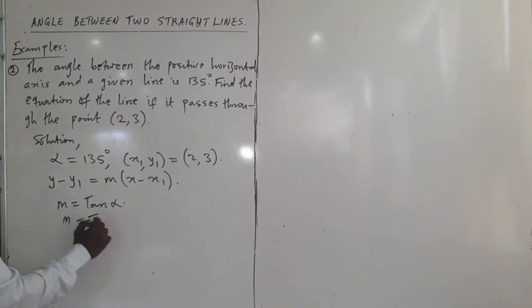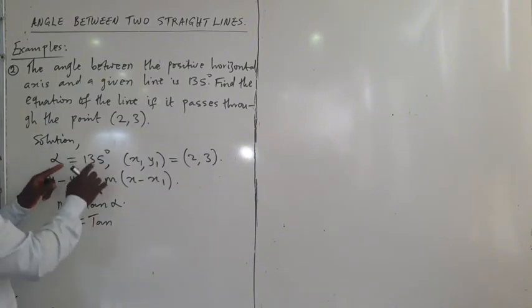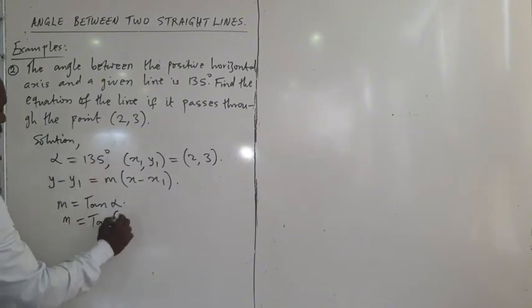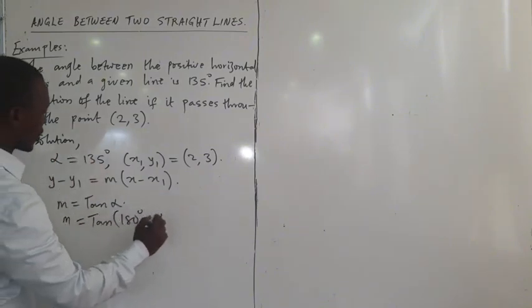If you remember, in the proof of the angle between two straight lines, once you have an obtuse angle, it is 180 minus alpha.